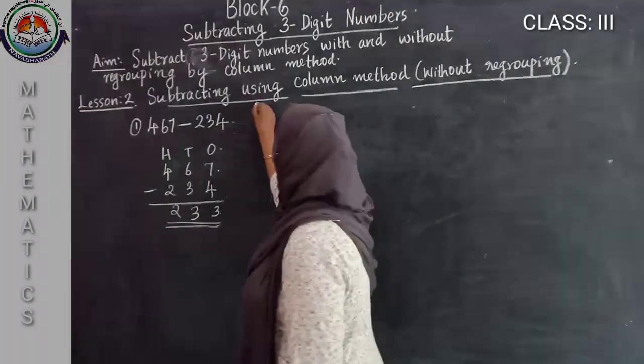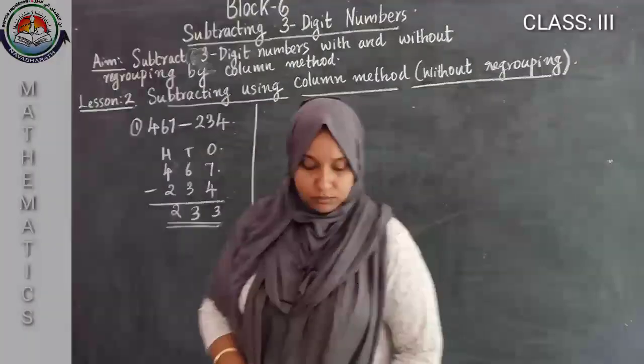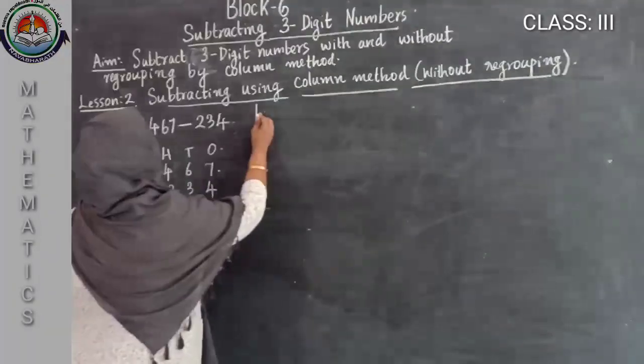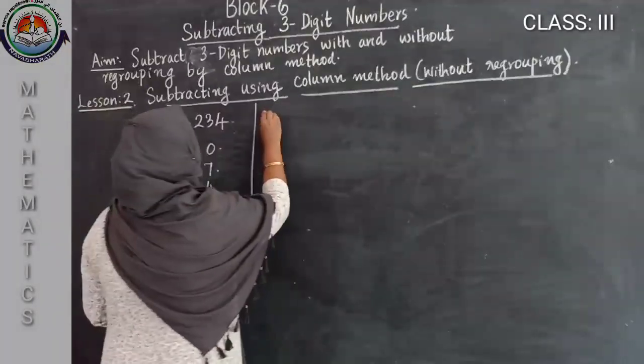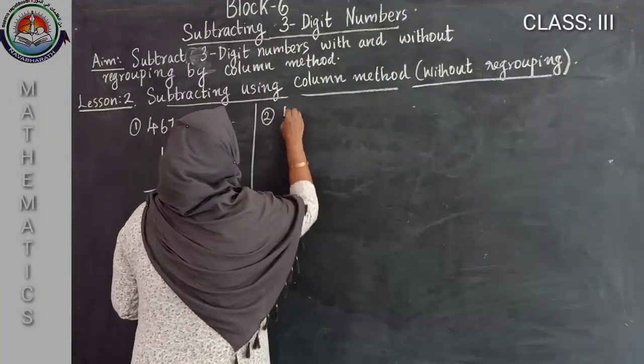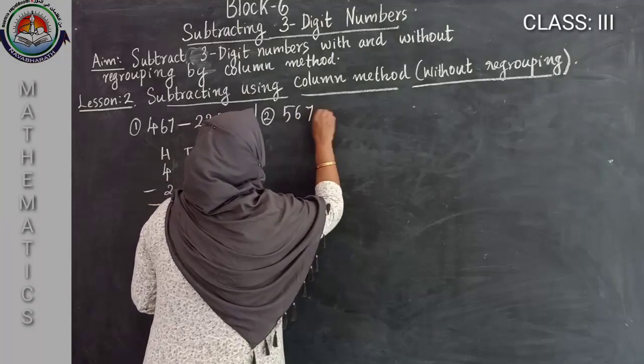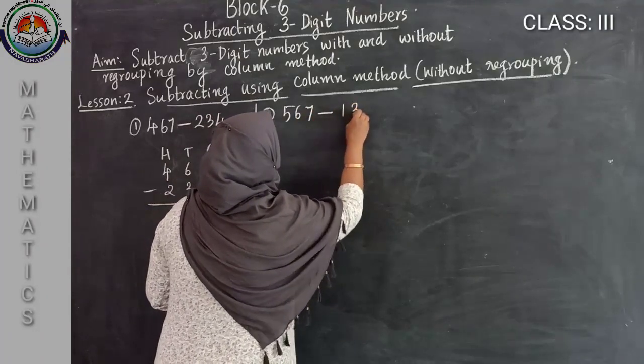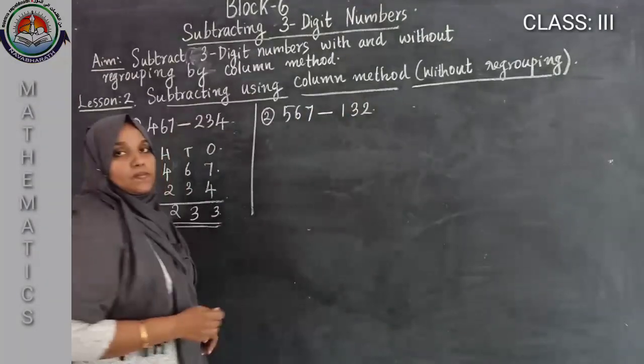We can consider one more example: 567 minus 132.